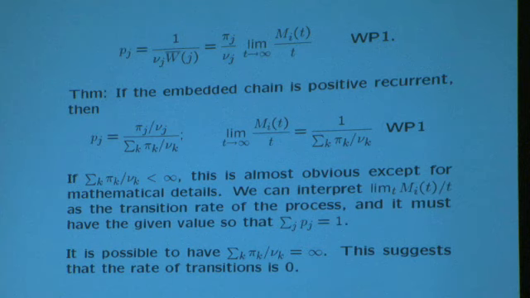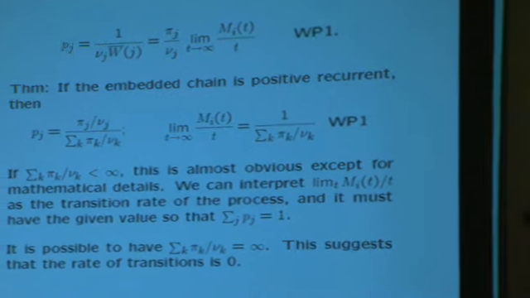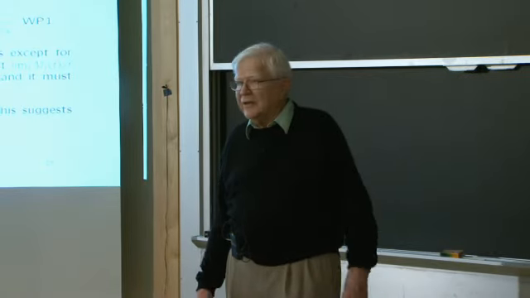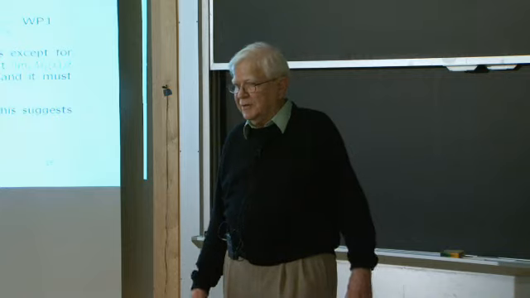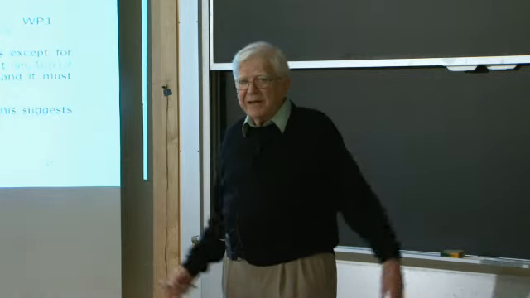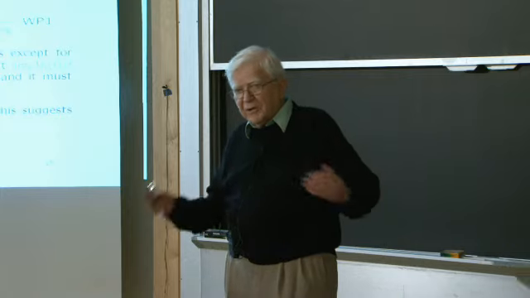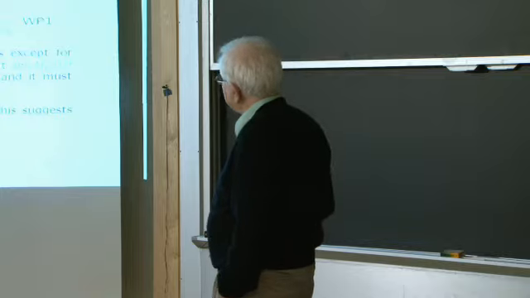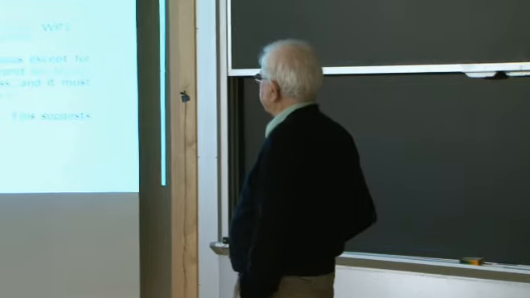So it is possible for this limit to be 0. In this case, these p sub j's are all 0. And we've seen this kind of thing before. We've seen that on a Markov chain, all the steady state probabilities can be equal to 0, and that's a sign that we're either in a transient condition or in a null recurrent position. Namely, the state just wanders away, and over the long term, each state has 0 probability. And that looks like the same kind of thing which is happening here.